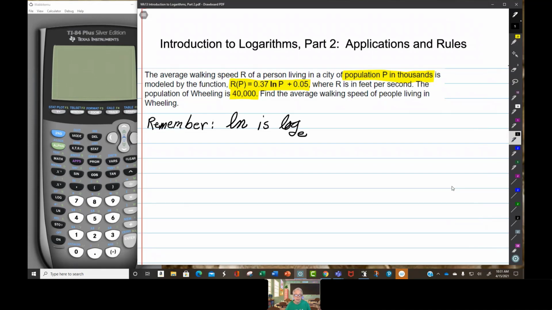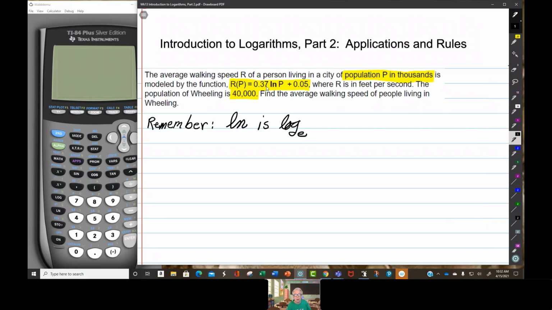The average walking speed, R, of a person living in a city of population P in thousands is modeled by the function R of P, that is the rate of walking when you live in a city with a certain population, is what you see right here, 0.37 times the ln, which is just log base e, times the ln of P plus 0.05.